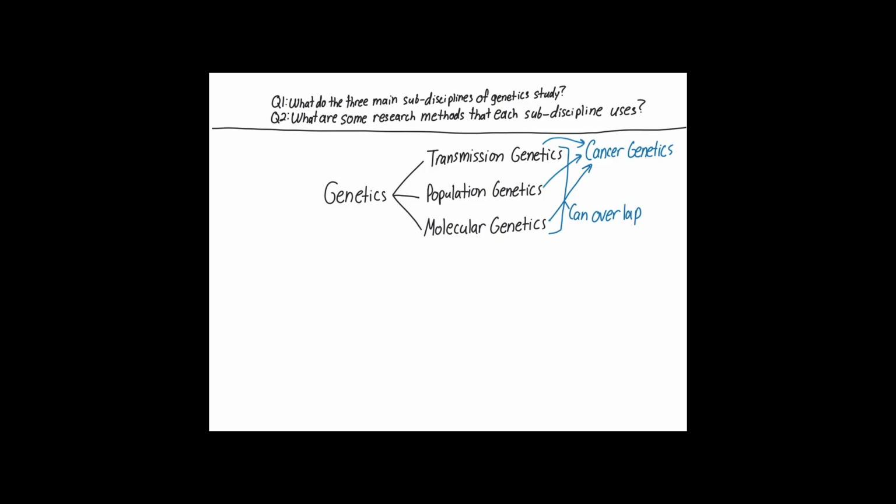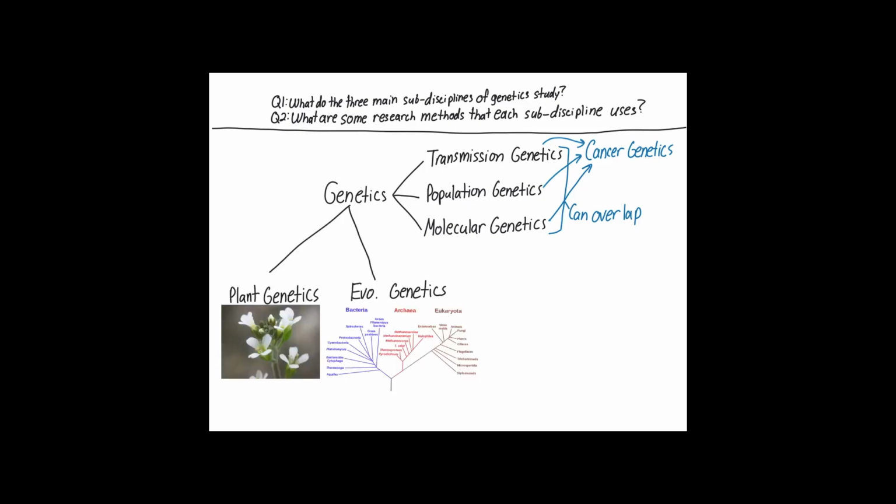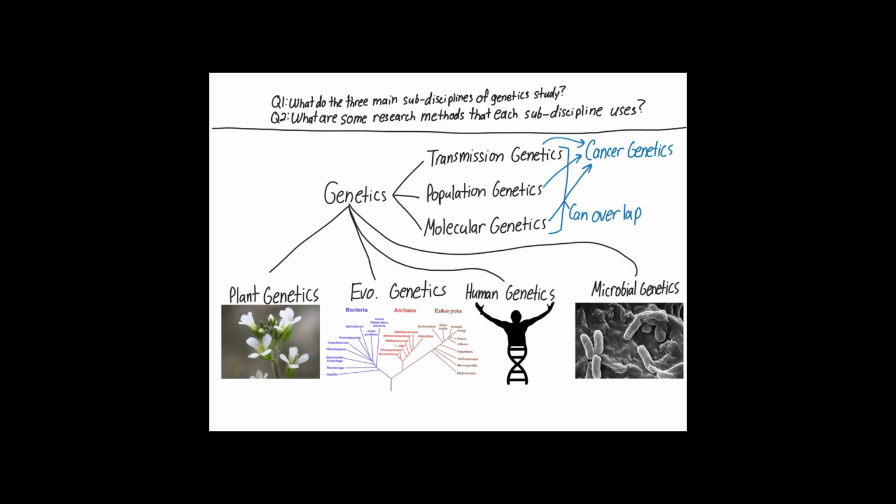These subdisciplines are only one way to divide the field of genetics. There are others, like dividing the field by organism. For example, I consider myself a plant geneticist, while others may consider themselves part of evolutionary genetics, human genetics, or even microbial genetics, and these are just a few. It's a large and diverse field, and it's a lot of fun to work in.